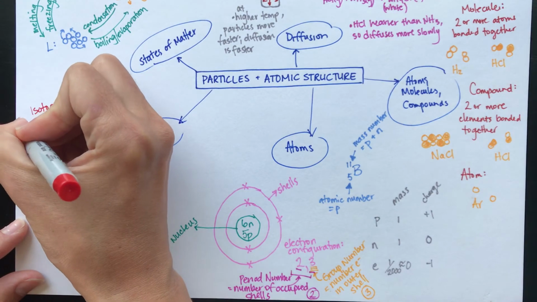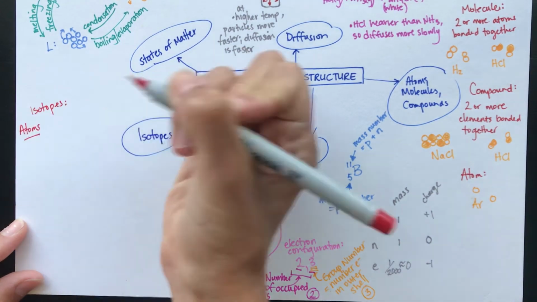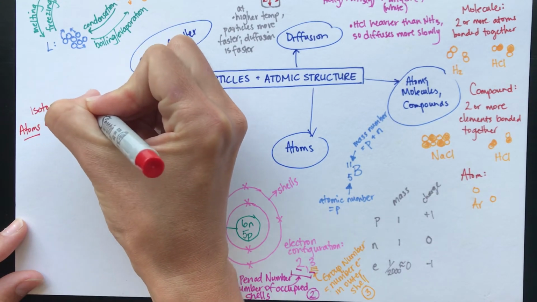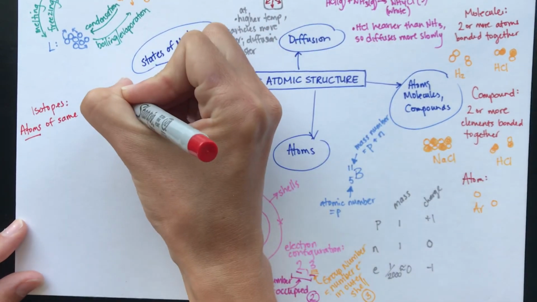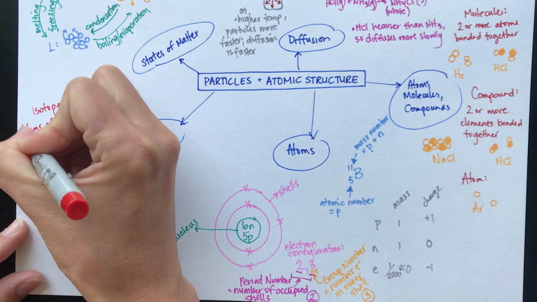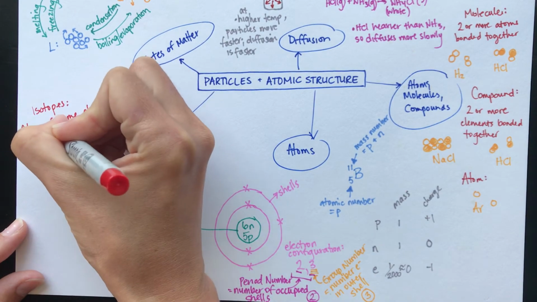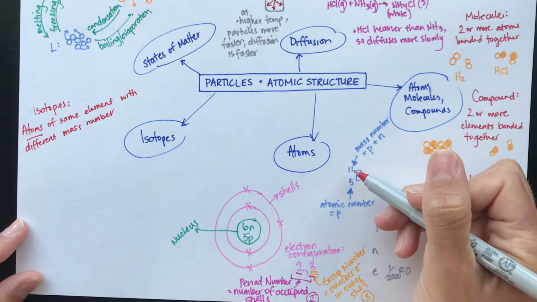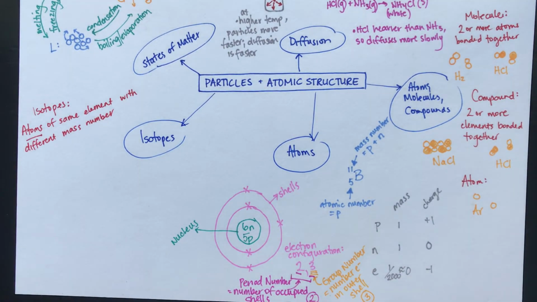Isotopes are atoms of the same element with a different mass. So back when I was talking about boron, I said, let's take boron 11. I could have just as easily taken boron 10.